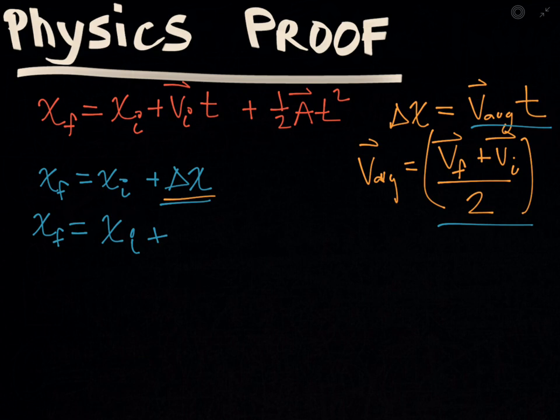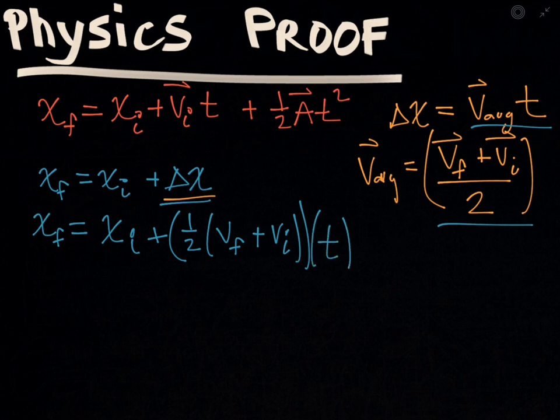So I'm going to write it not as a fraction, but as 1/2 times the final velocity plus the initial velocity, times time. Right, so what we did here is we said the final x equals the initial x plus the change in x, and the change in x was up here, the average velocity times time.